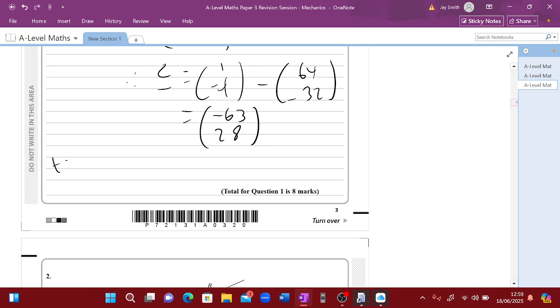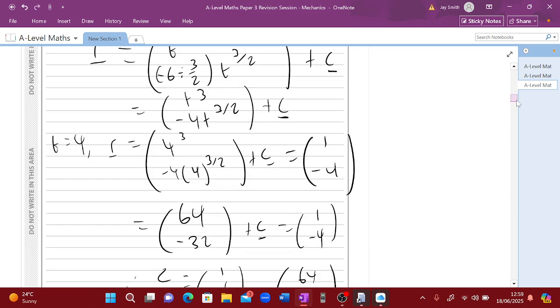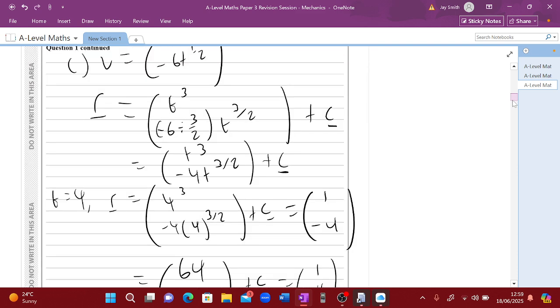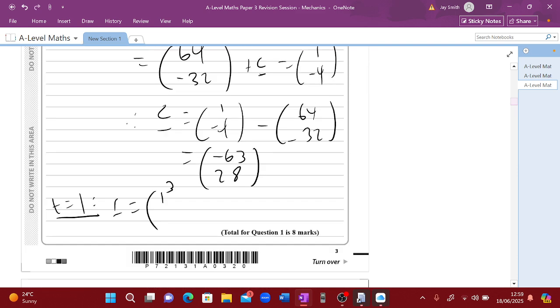So r is equal to, r was t cubed, so it's going to be 1 cubed, minus 4 times 1 to the 3 over 2, and then we've got this plus c vector, haven't we? So it's going to be plus minus 63, 28.